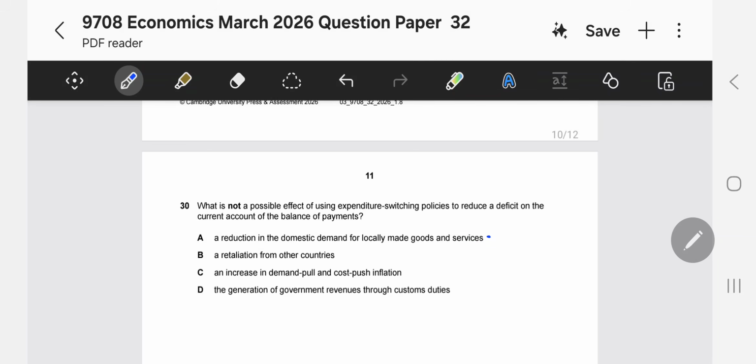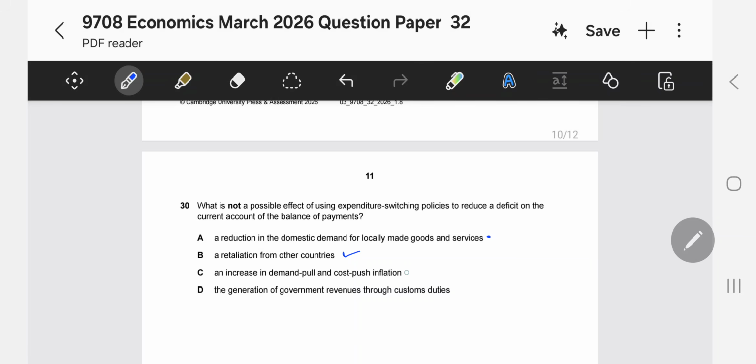But let's look at the others. Let's look at B. A retaliation from other countries. This is a possible effect, yes. C, an increase in demand pull and cost push inflation. This is a possible effect, especially if we devalue the currency. The price of imports is going to increase. That's going to cause cost push inflation, which basically is going to make production expensive.